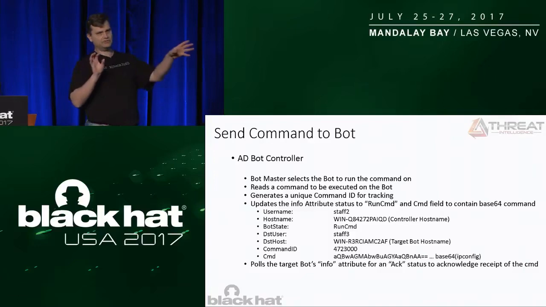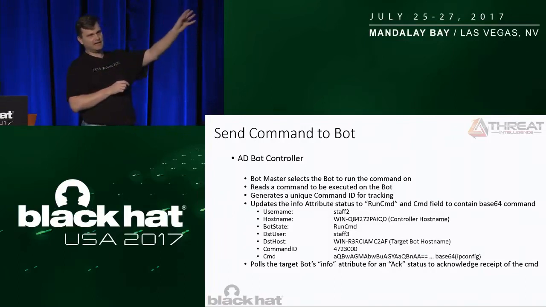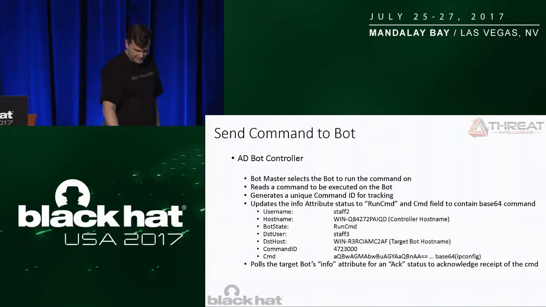Each of the other nodes will be polling AD, looking for commands directed towards them. If it sees within somebody else's info attribute that it's being asked to run a command, it will grab the command from that other attribute, run it, and then send the command output to that node. So that's basically what happens.